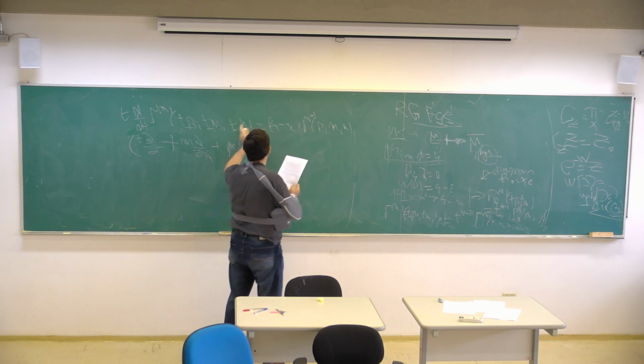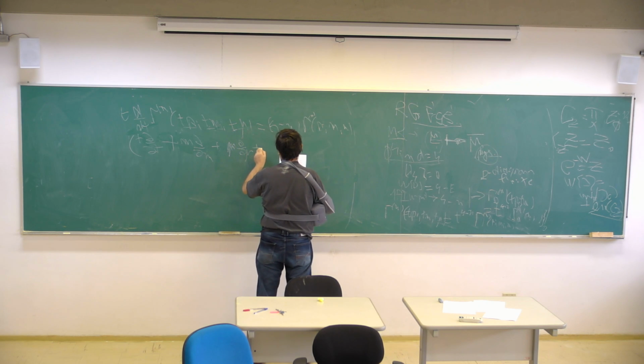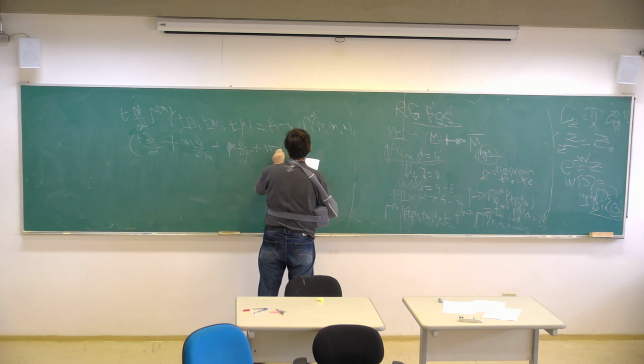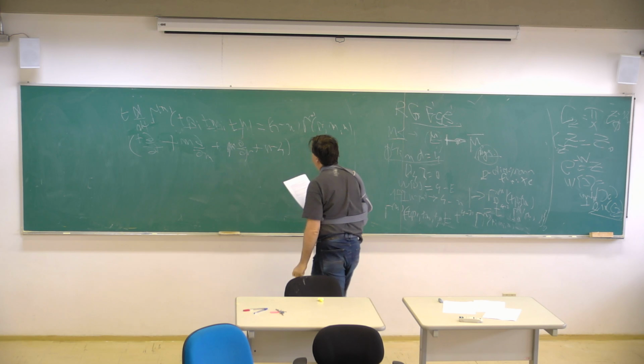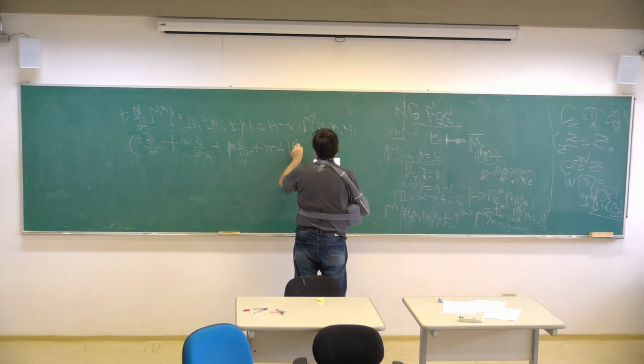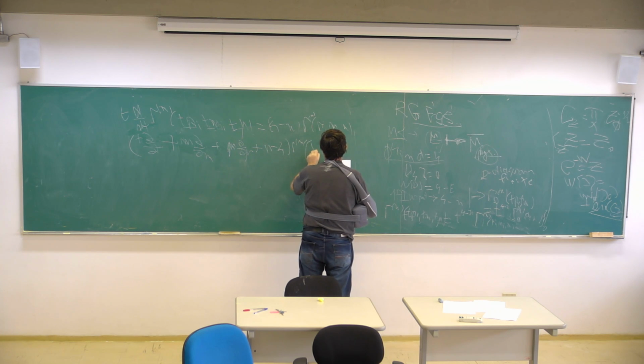And I can put also this term to the other side, so n minus 4 times gamma n of t p_i, m and mu equal to 0.